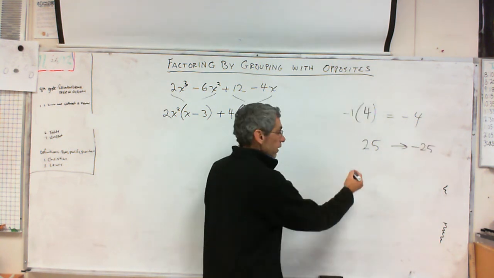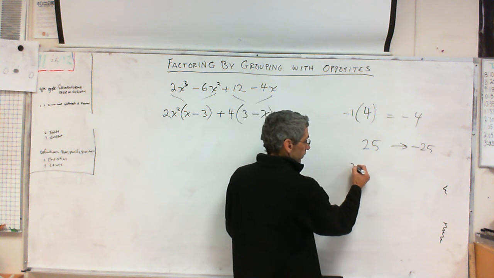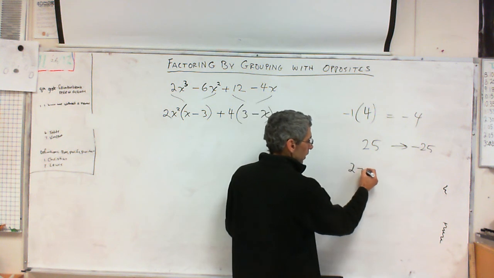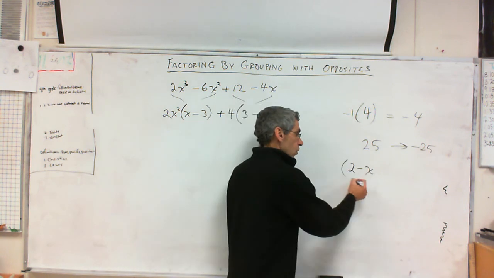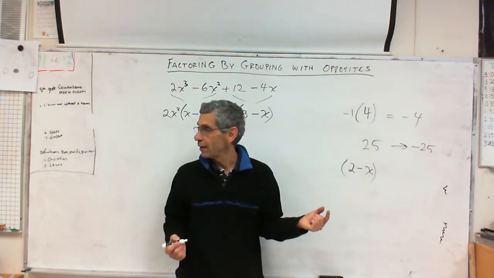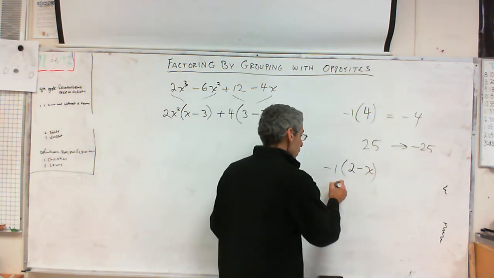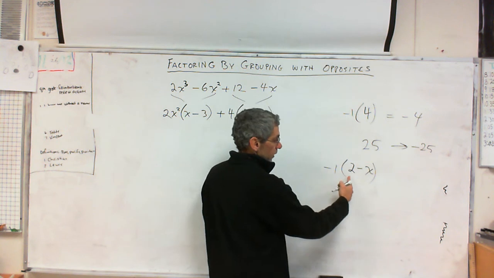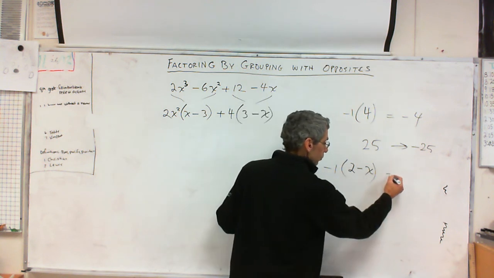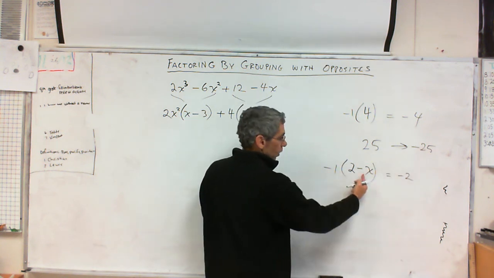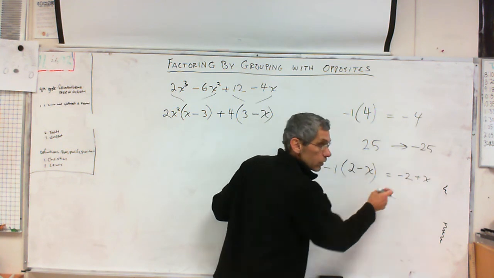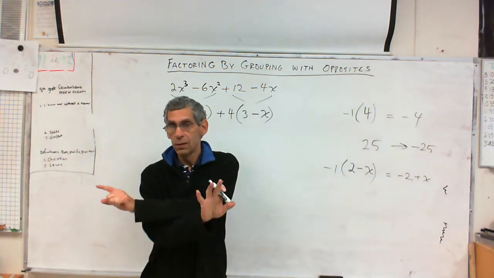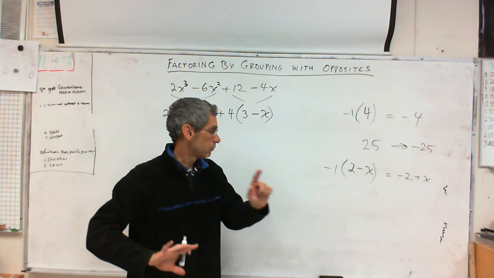Okay, what if it is 2 minus x? What is the opposite? The only way to know is to multiply it by negative 1. So negative 1 times 2 is negative 2. Negative 1 times negative x is positive x. Or if I moved it using what property? Commutative property.